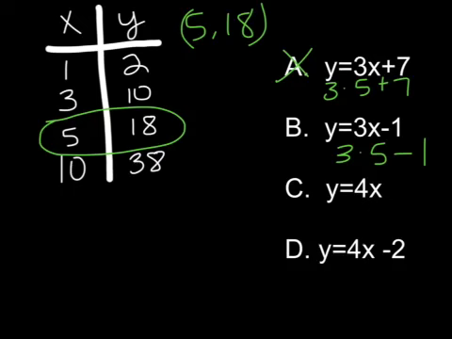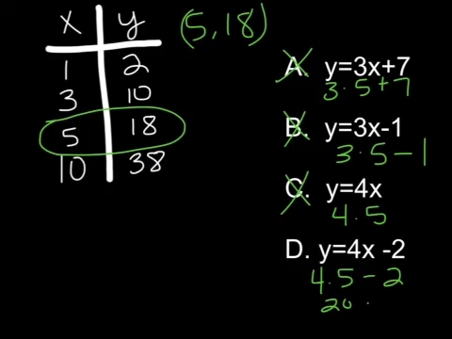Does that work? No, it does not. Next one. 4 times 5. Well, 4 times 5 is 20. So that doesn't work in any way, shape, or form. So let's hope it's D or we've done something wrong. So 4 times 5 minus 2. 4 times 5 is 20, and 20 minus 2 is 18. And that's what we want to get. So we did do it right, and the answer is D.